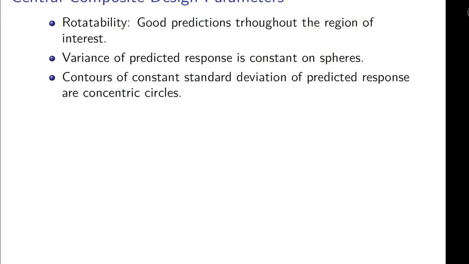Here's a geometric representation that one uses to evaluate central composite designs. Simply take the word for it now that you can form contours or level sets of the standard deviations representing the variation in the response variables, and if you form contours of constant standard deviation, they'll form concentric circles.